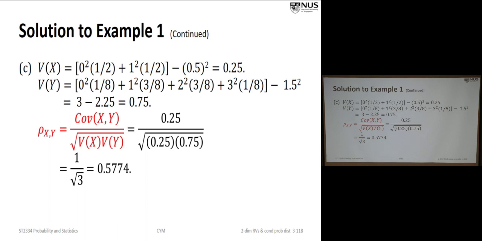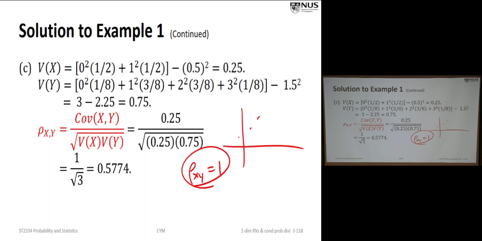Let me ask you. In fact, what does rho xy equal to 1 mean? I can give you some idea. If this is like that, then the relationship between y and x is very strong. That means once you know x, you are likely to know y.